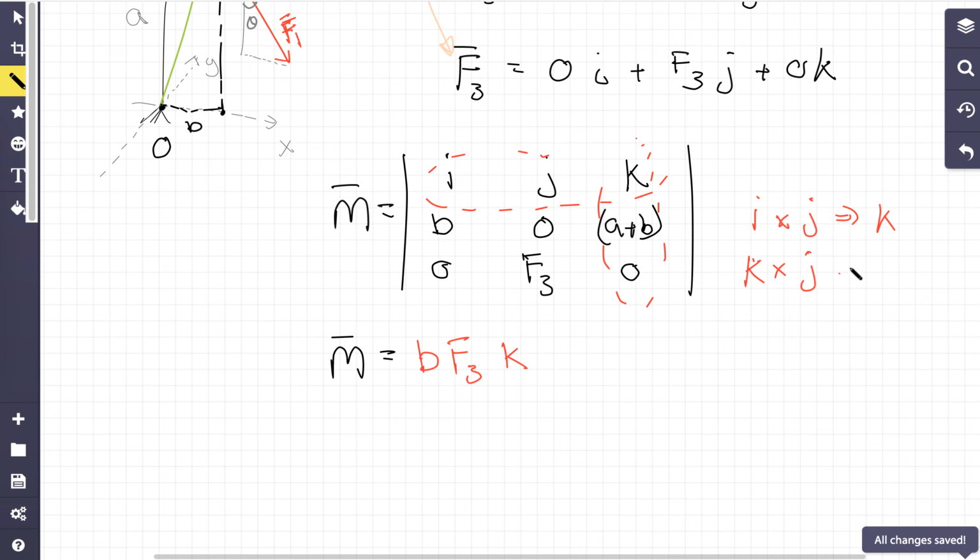We count from the x-axis all the way up, and at this point it would be A plus the radius of this curvature, so A plus B. And that's how we would find our r vector.